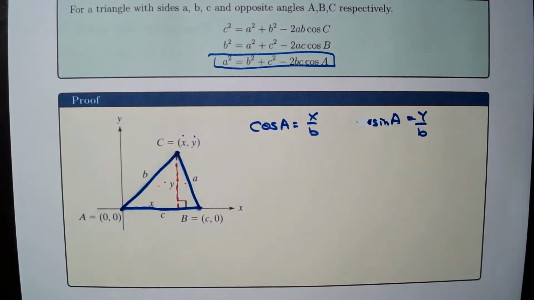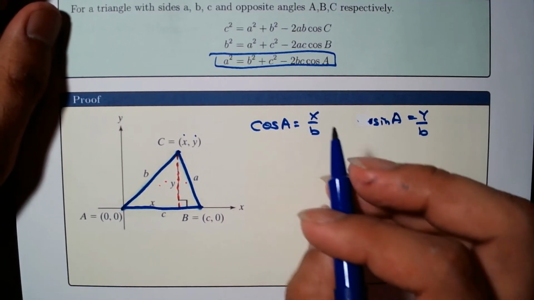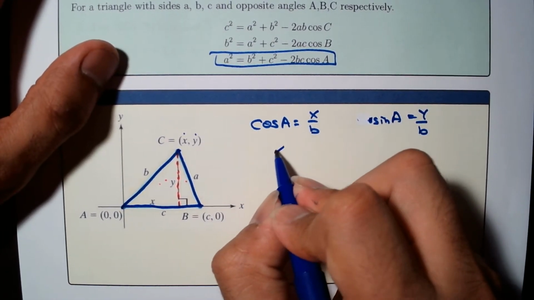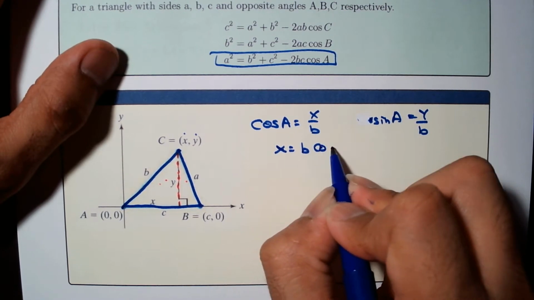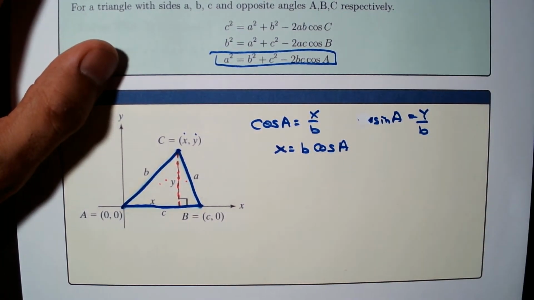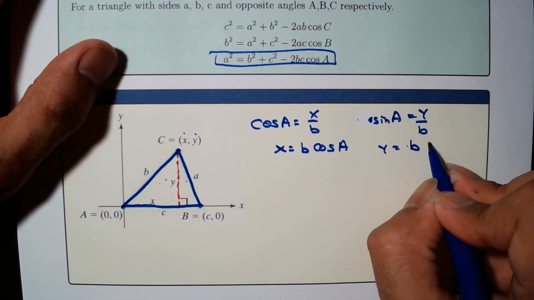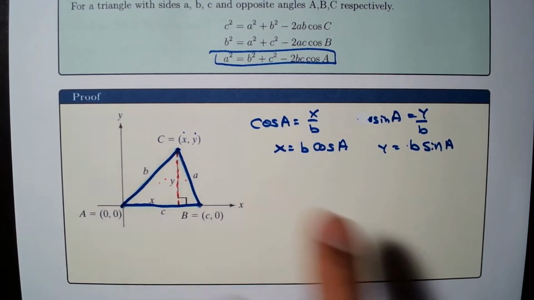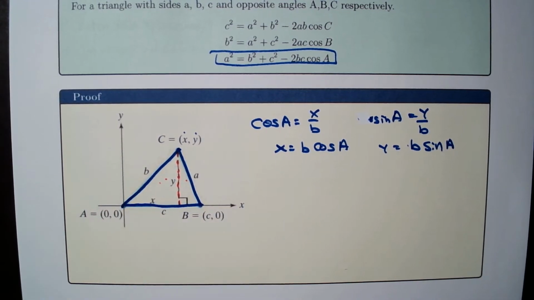From here, that's actually going to be familiar from previous chapters. You know that the x coordinate represents r cosine theta, and y equals r sine theta. But in this case, instead of using r and theta, we're looking at a's, b's, and c's.